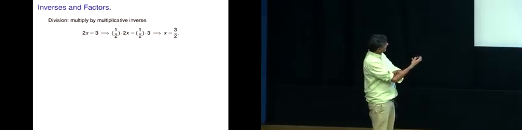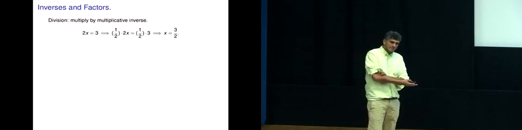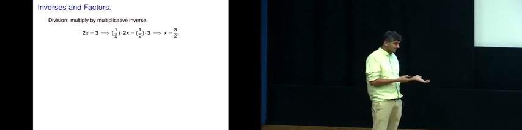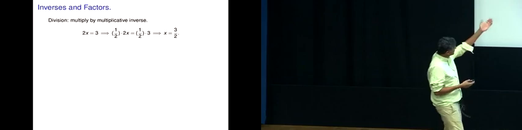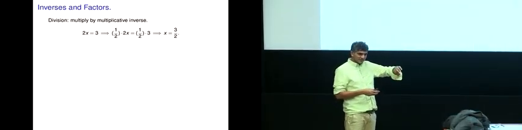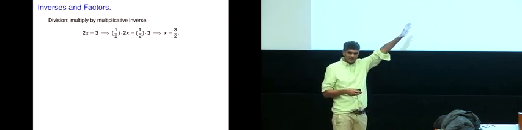Okay. So remember, this is what we had forever. 2x equals 3. What's the question there? As soon as I say 2x equals 3, you guys say 3 halves. Right? It's obvious what the question is, right? What's x? Okay, and the way we do it is we do this thing called multiply by the multiplicative inverse. Who remembers your teacher saying that?